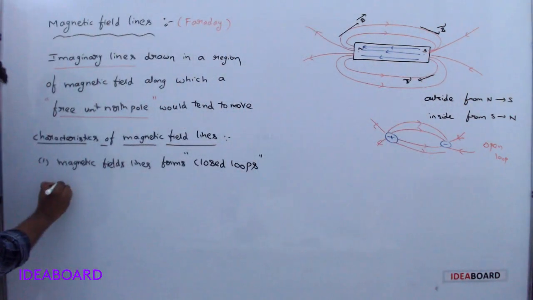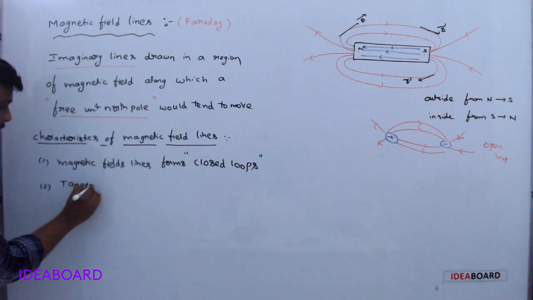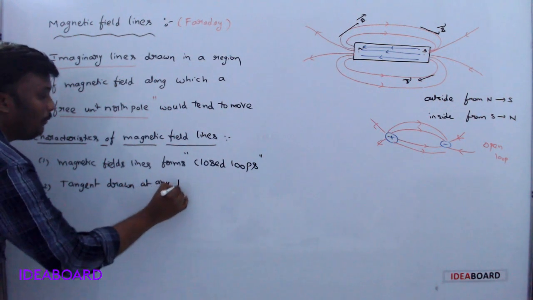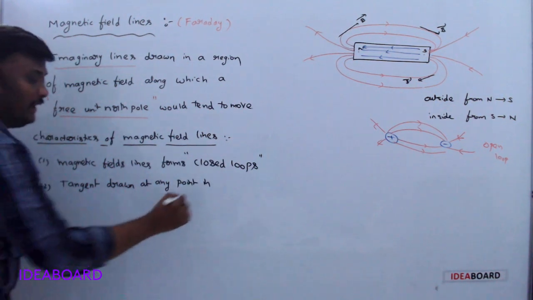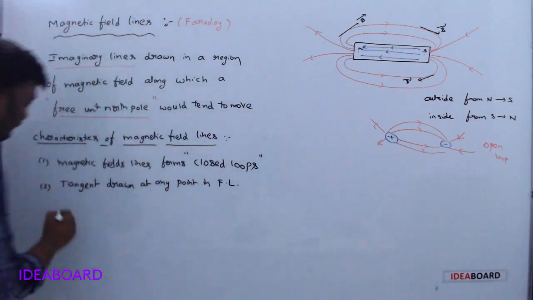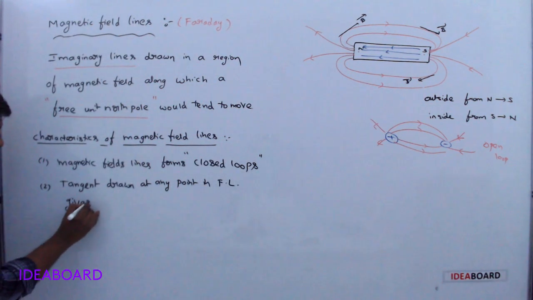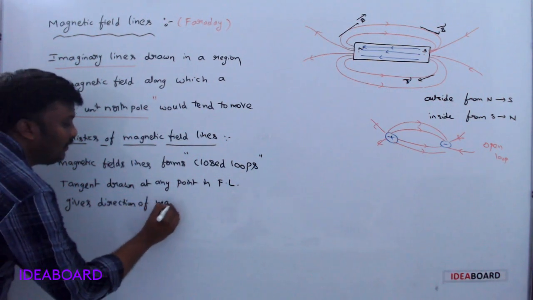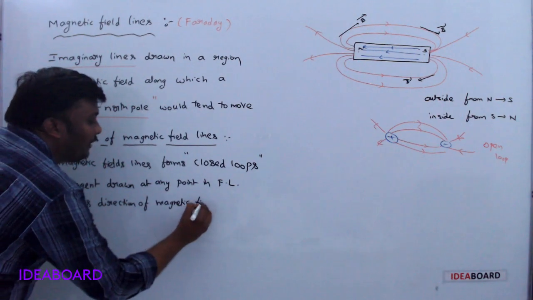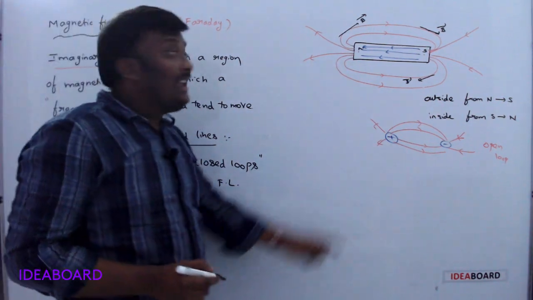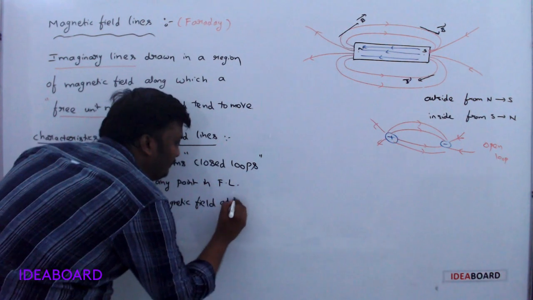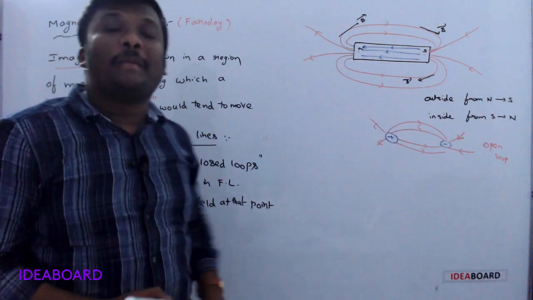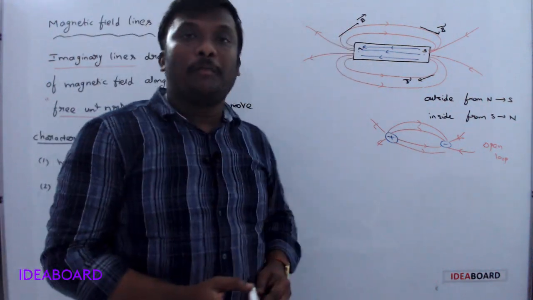So, a tangent drawn at any point on a field line gives the direction of the magnetic field at that particular point.